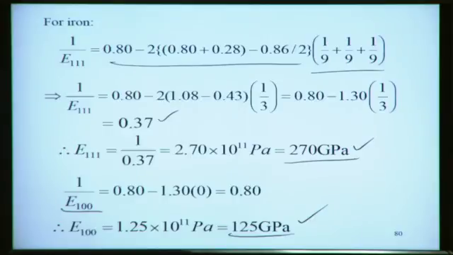So it is very obvious that there is anisotropic behavior, that means the elastic moduli are not the same along two different directions. The elastic modulus is very much orientation dependent in the case of the iron structure.